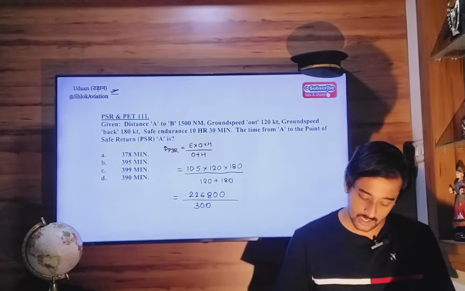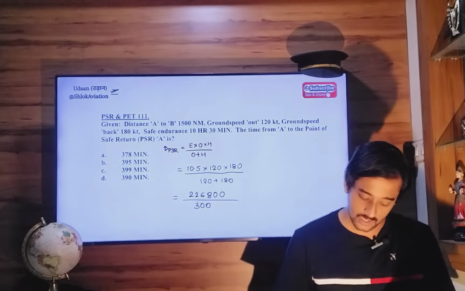In the numerator we have 6.5 into 120 into 130, 101400. That is 406 nautical miles. Time to point of safe return is distance to point of safe return divided by outbound speed. Outbound speed is 120. So 3 hours 22 minutes into 60, that is 203 minutes. So option alpha.